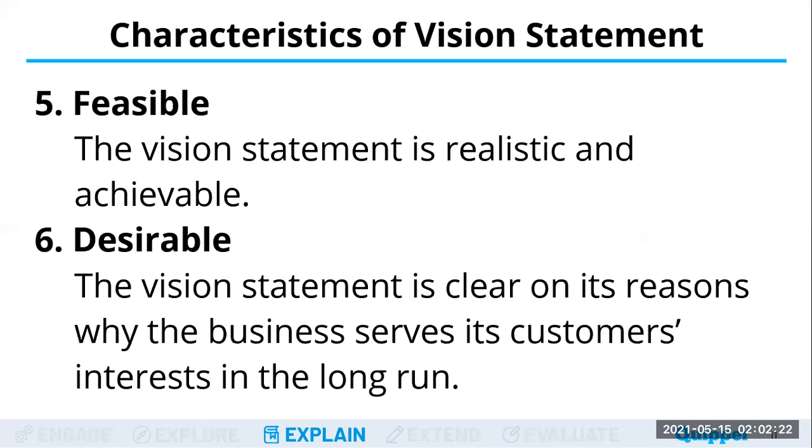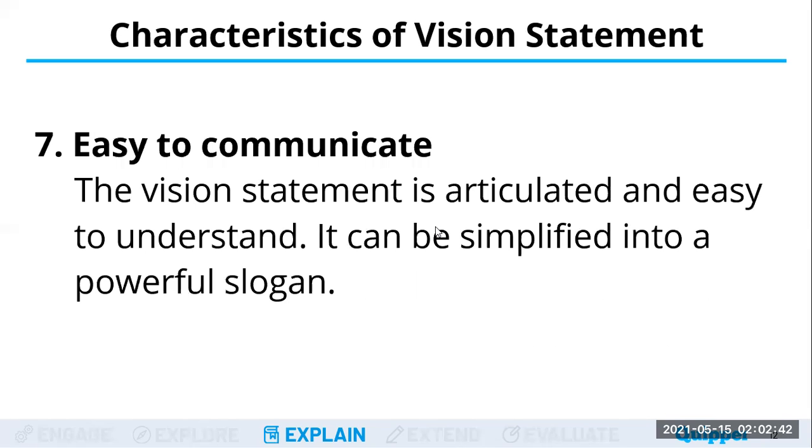Desirable: the vision statement is clear on the reasons why the business serves its customers' interest in the long run. So we make sure it also reflects our objective, or the benefit we want to offer or deliver to our customers.